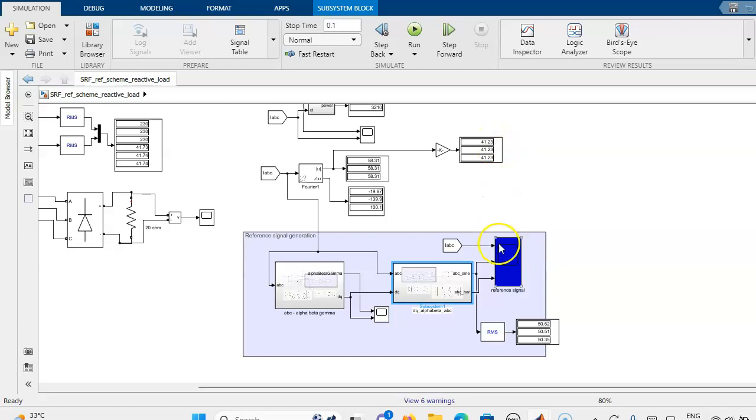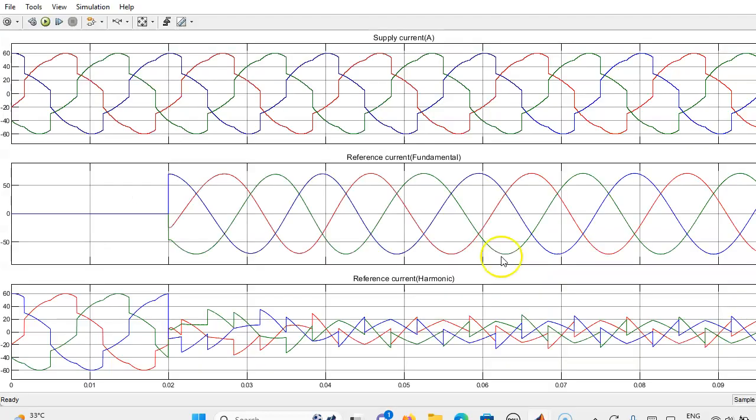Okay, so what is happening here? Whether this algorithm is not suitable for reactive power load, maybe. So how will we find that out? Okay, so this is the signal we are getting.